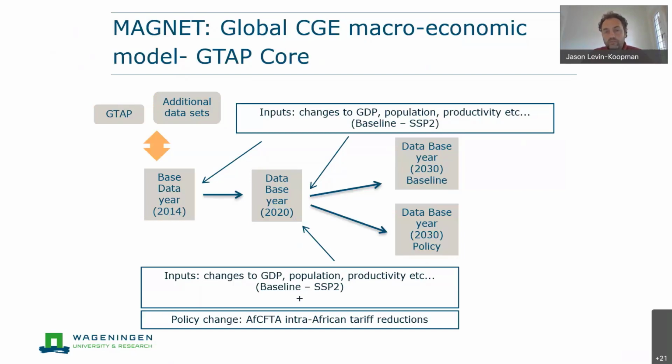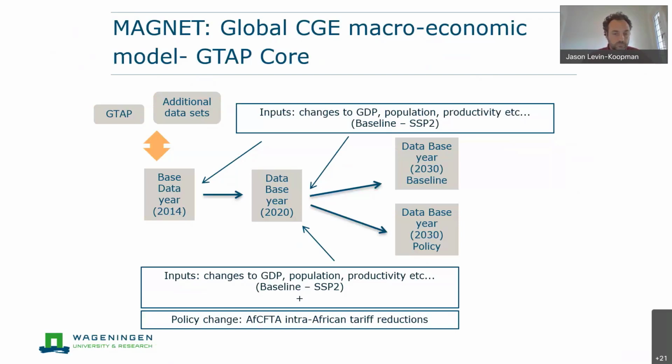This is then the baseline, and this also follows the standard SSP2, which is exogenous changes to GDP and population. And we allow productivity to grow endogenously to meet these GDP projections. Then once you have the baseline, we turn it around, and the productivity changes over time are then exogenous, allowing the policies to affect GDP changes.